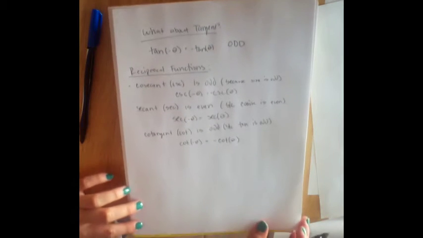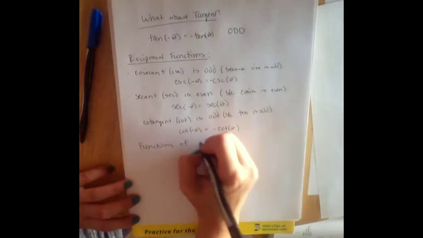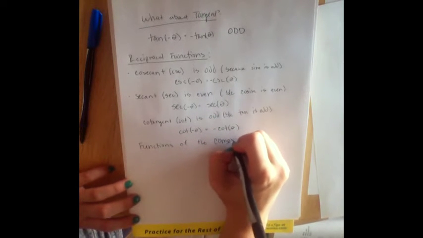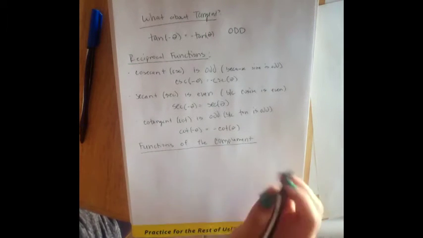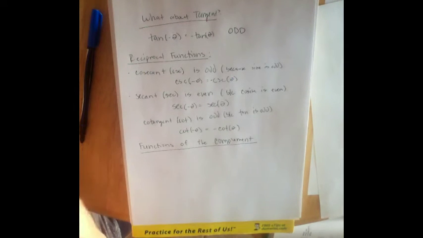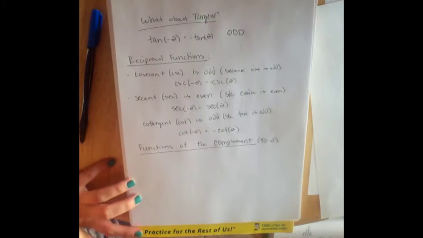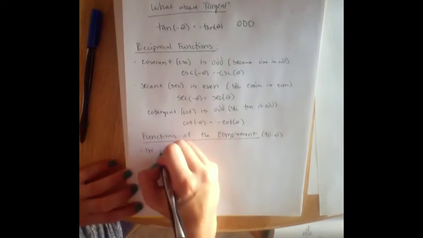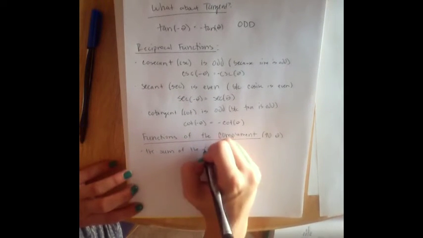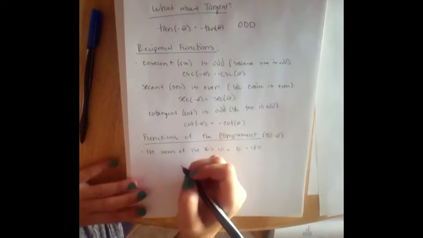Now, let's talk about functions of the complement. Remember, when two angles are complementary, they add up to equal 90. So the complement of theta is 90 minus theta. Now we know the sum of the angles in a triangle adds up to equal 180.